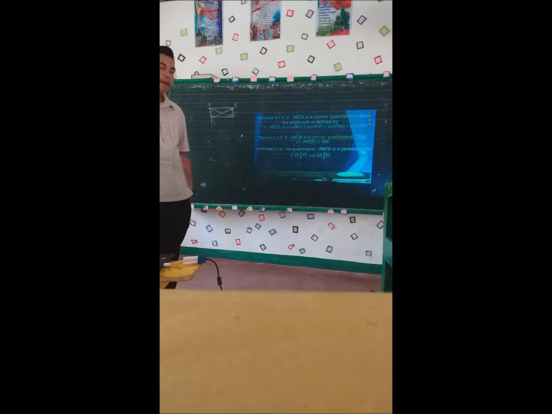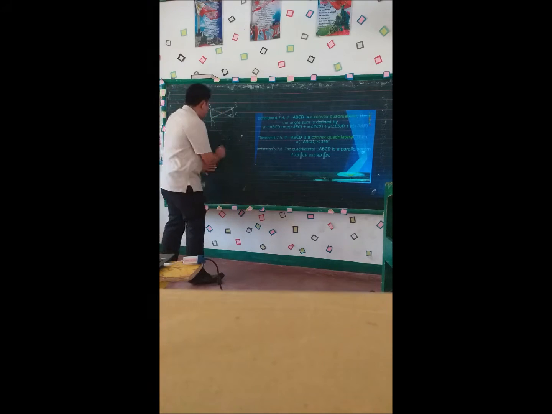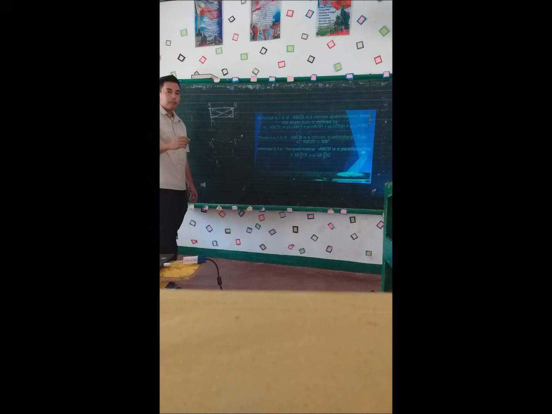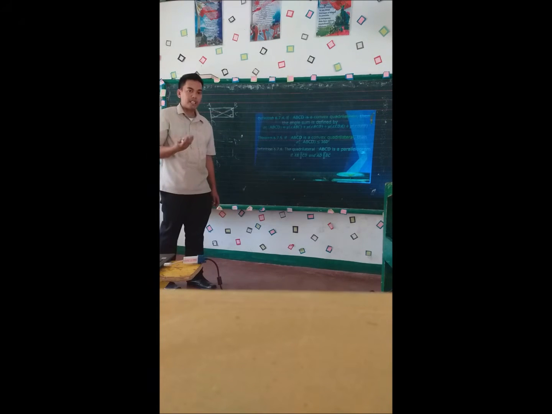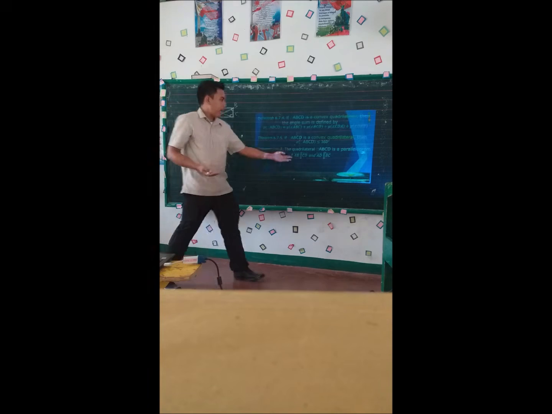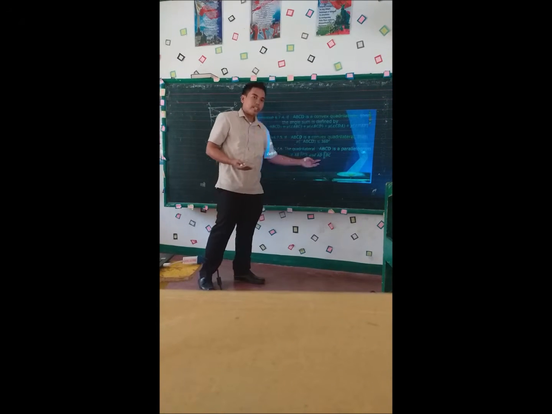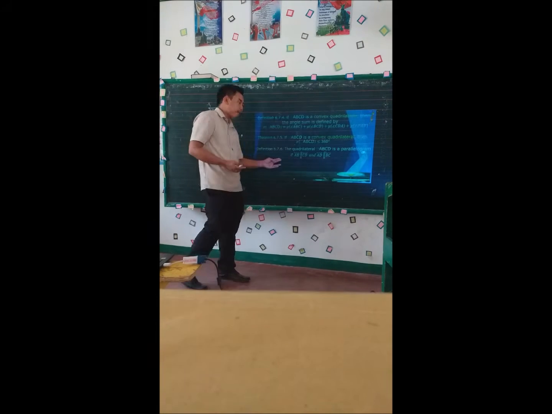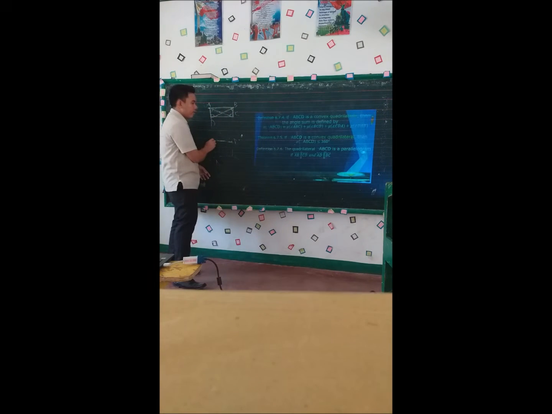Another definition, 6.7.6: the quadrilateral ABCD is a parallelogram. Draw point A, point B, point C, point D. We discussed earlier what a quadrilateral is. Now, if the quadrilateral ABCD is a parallelogram, we need to satisfy this condition: line segment AB is parallel to line segment CD, and the other side, line segment AD, is also parallel to line segment BC.